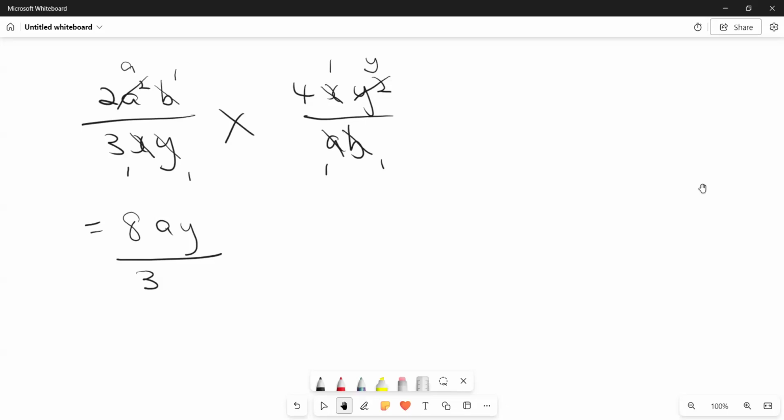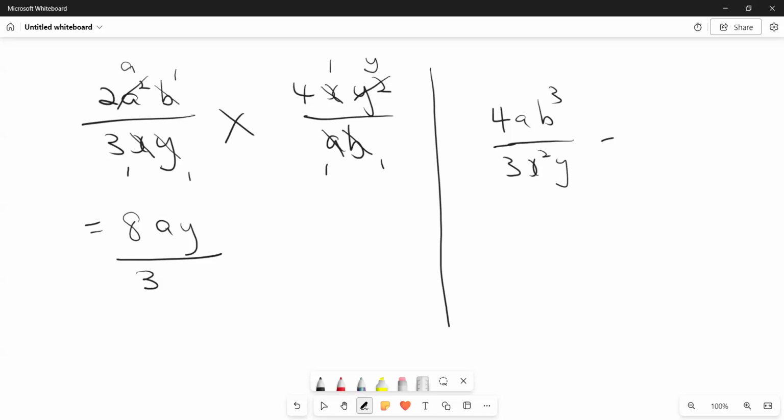So let's try one of that. You have 4ab cubed over 3x squared y divided by 2ab over xy, right?